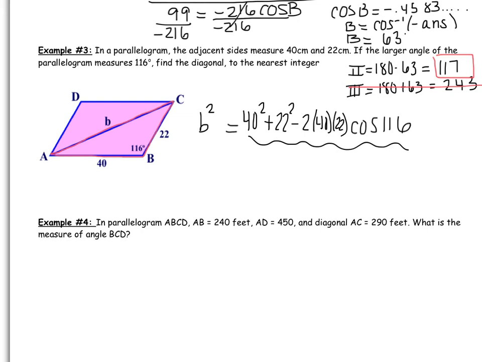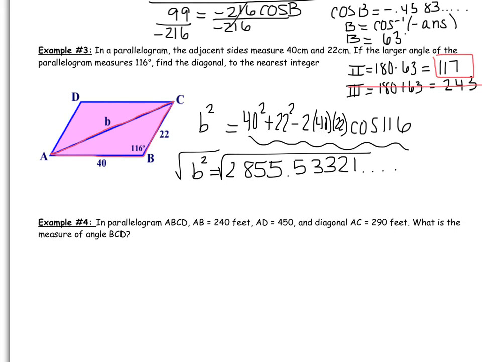You should be getting 2,855.53321. So just take the square root, so second x squared, second answer, and we get that b is equal to 53. We're finding a segment, so there are no degrees.